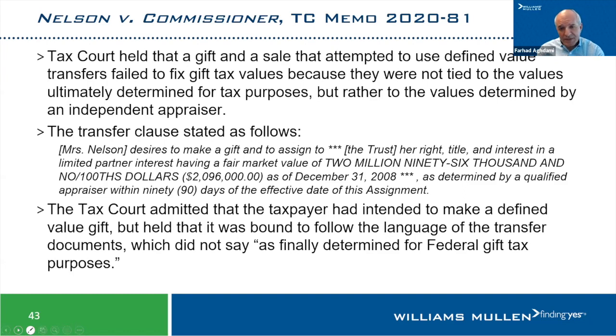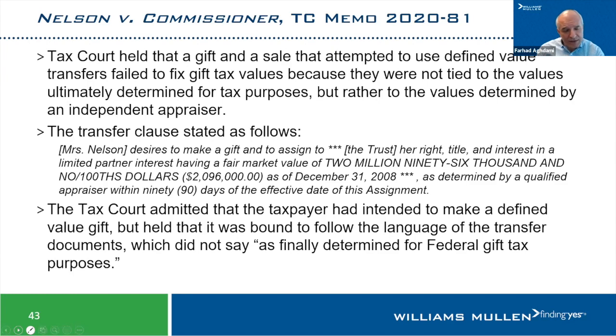So what essentially happened was the taxpayer, Mrs. Nelson, gifted about $2 million worth of a limited partnership interest to a trust, and this was done around December 31st. And then on January 2nd of the following year, 2009, she sold, I think, $22 million worth of limited partnership interests to the trust using a similar transfer clause.